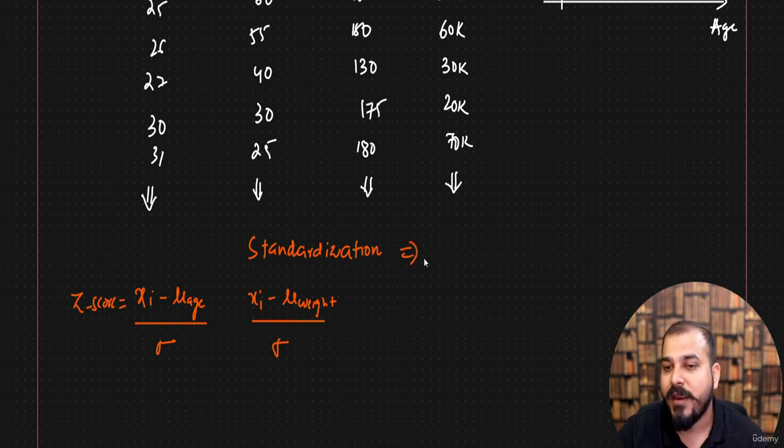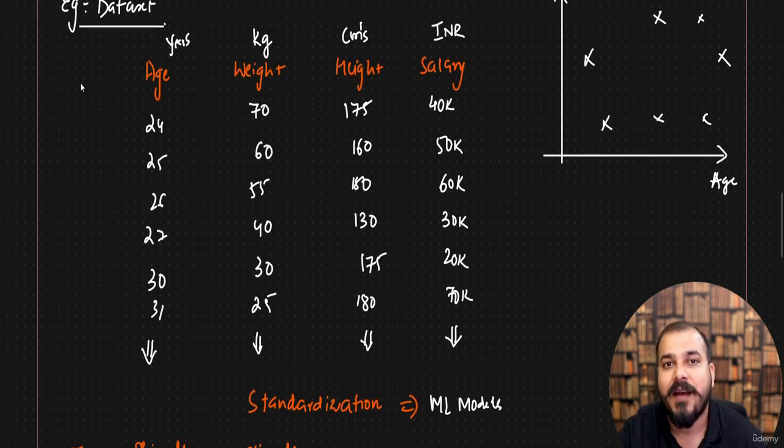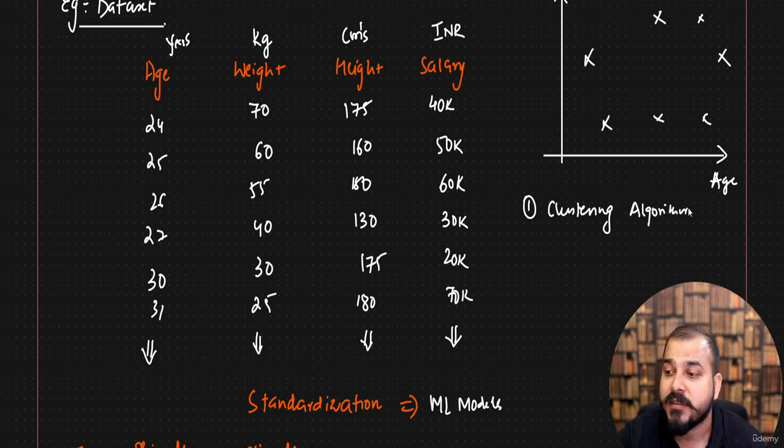Later on, when we will be doing exploratory data analysis and feature engineering, creating ML models, we will be using the standardization process. There is also a process called normalization, which we'll probably discuss in future lessons. But I hope you got an idea where specifically Z-score is getting used. Whenever we have any feature, some of the algorithms, like clustering algorithms, because in clustering algorithms we try to find out the distance, right?